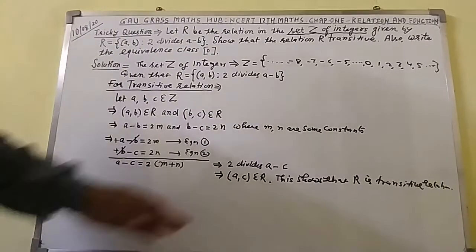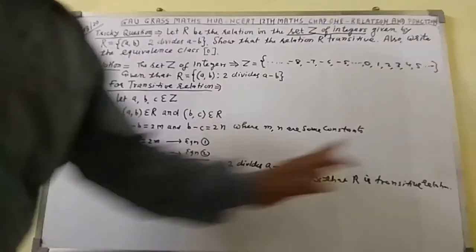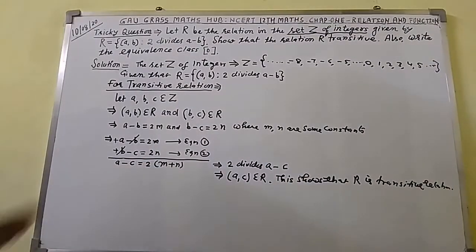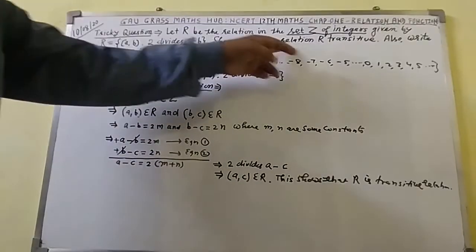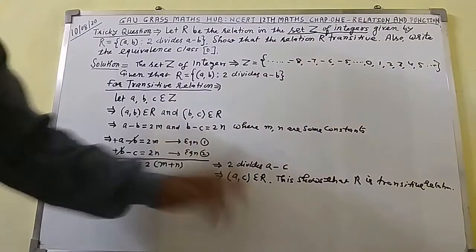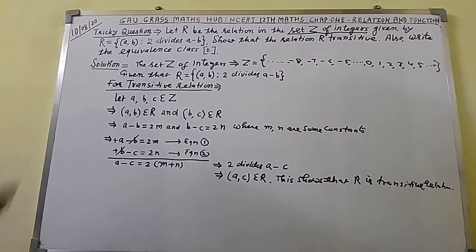Now, here I have shown the relation capital R is transitive. Now, come out to next.